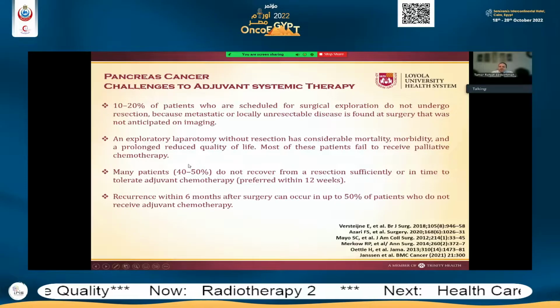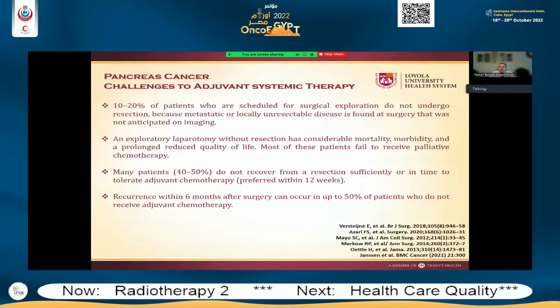Now, there are many challenges to adjuvant systemic therapy in pancreas cancer. 10 to 20% of patients who are scheduled for surgical exploration do not undergo resection because of finding metastatic or locally unresectable disease at the time of surgery. We know now there is evidence that radiological assessment before surgery is not very precise. It does not give a great insight into what you will see at the time of surgery.